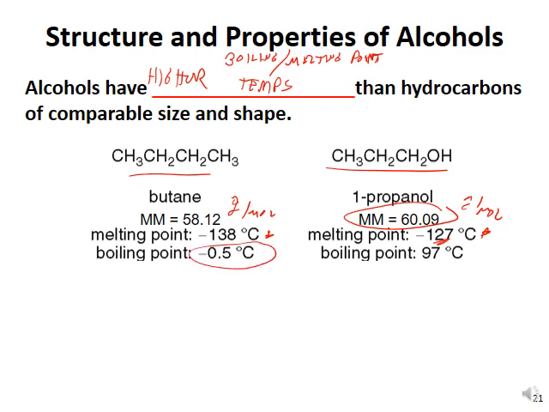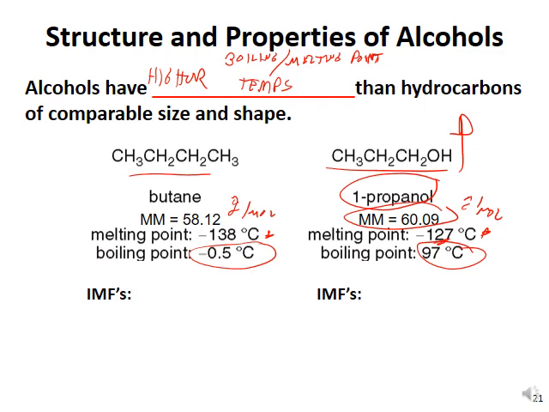Butane boils at just below freezing water. And the boiling point for propanol is almost similar to the boiling point for water, just below that. So it takes a whole lot more energy to get these propanols up into the gas phase. That's what we're talking about with intermolecular forces.